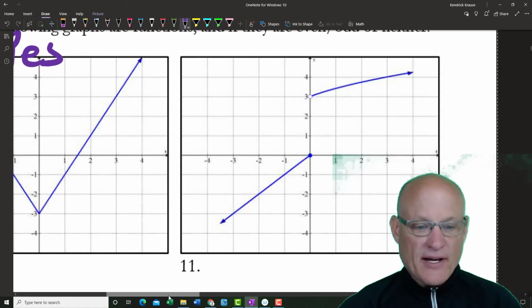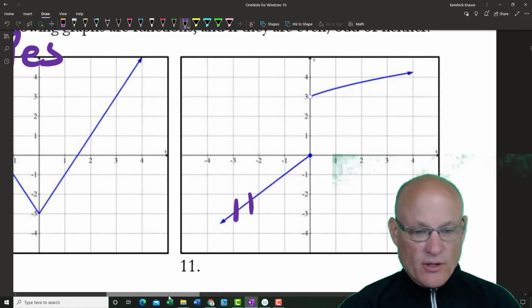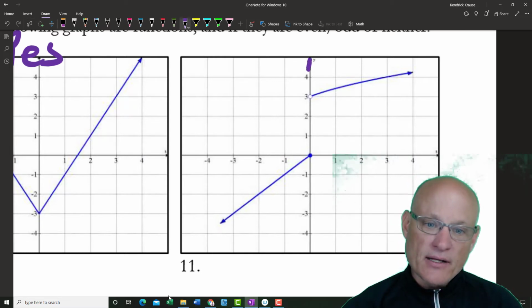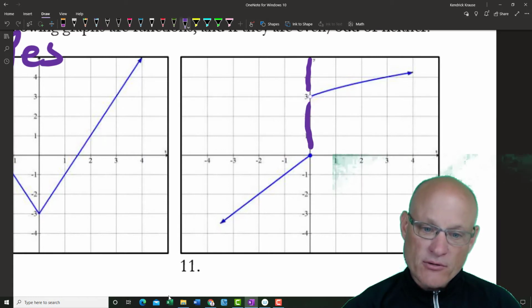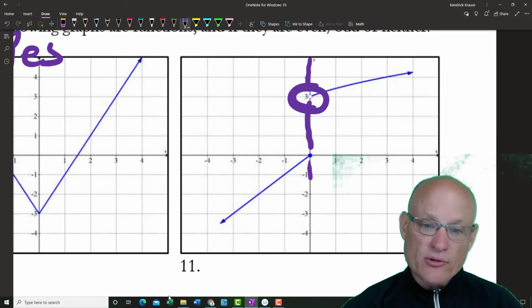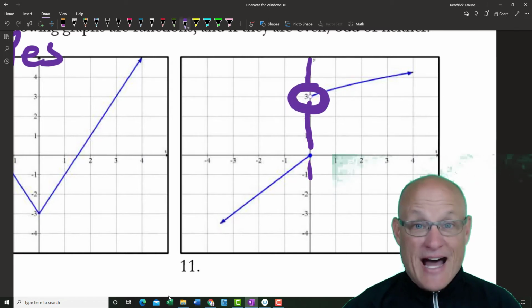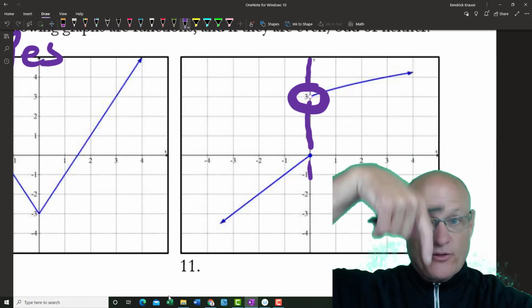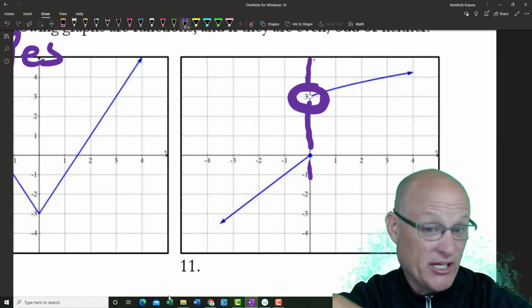All right. So if I draw a vertical line here, it hits it once, hits it once, hits it once. And then you're thinking to yourself, okay, what happens here? So I'm drawing my vertical line in. Now, if you notice, this is an open circle. An open circle is not part of the graph. So you could think about it being like an open circle like this and a line going through, so it's not touching it.